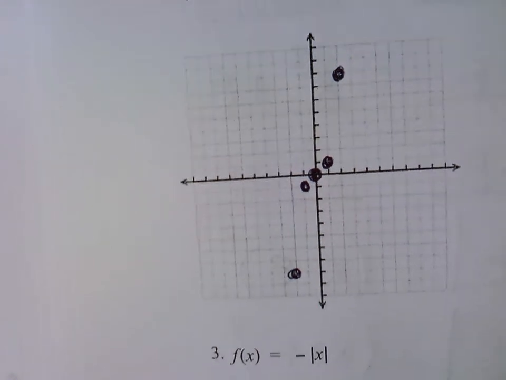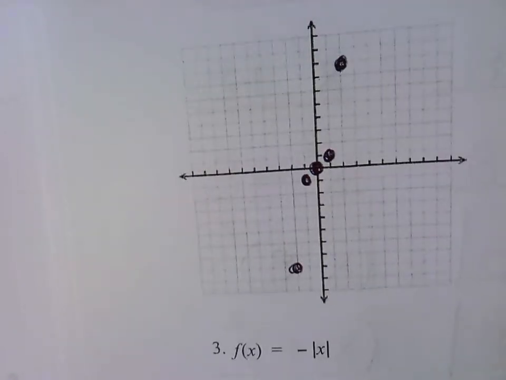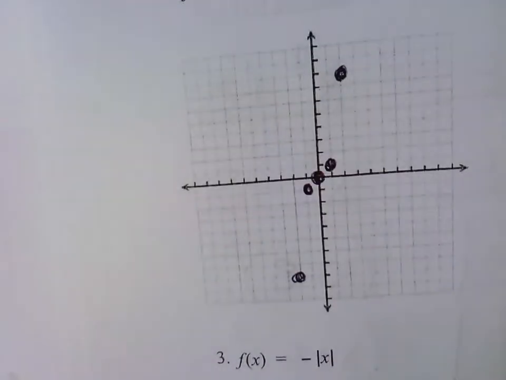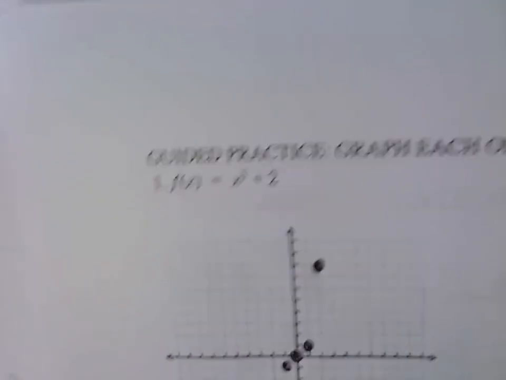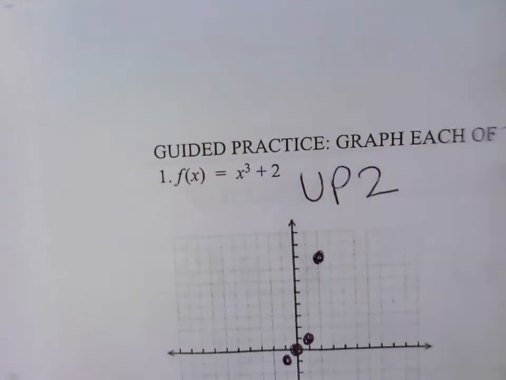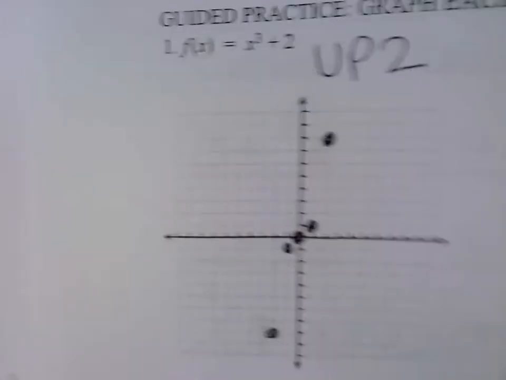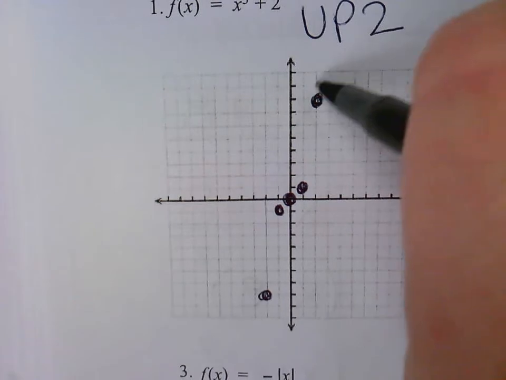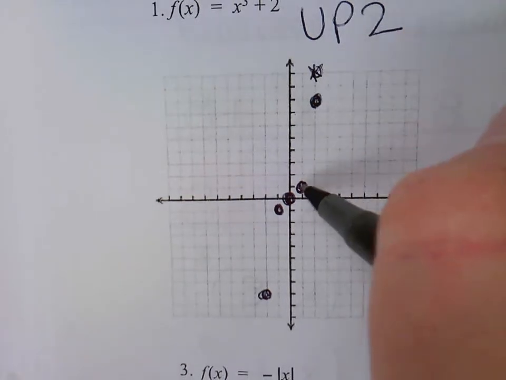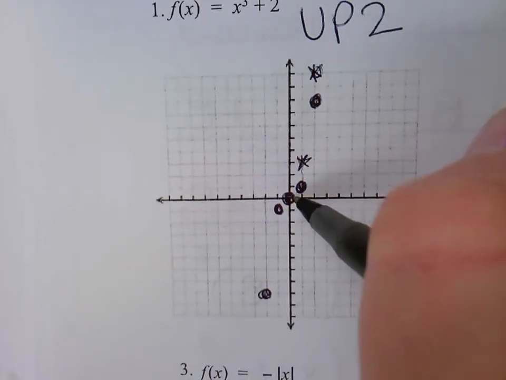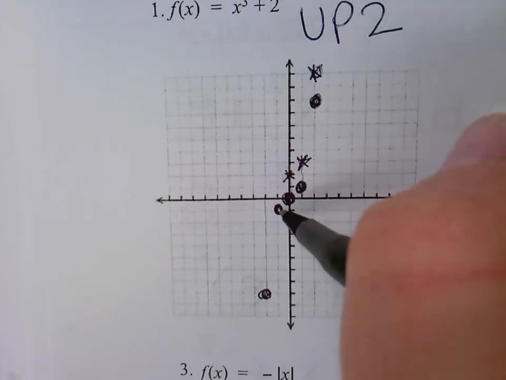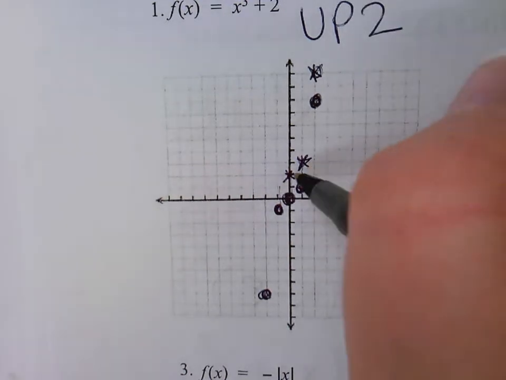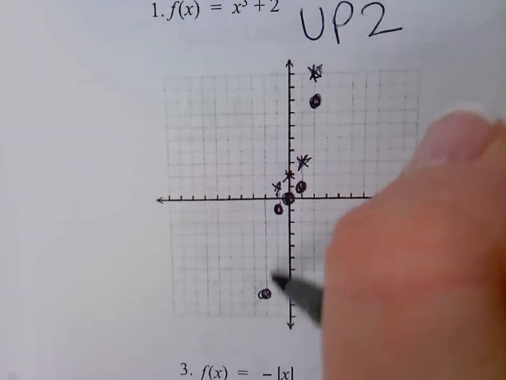All right, what does the 2 do? What does +2 do to the function? It shifts everything up 2 units. So now, either in a different color or with an X or whatever, shift everything up 2, and that's going to be the point that you connect for your transformed function. So up 2, right?